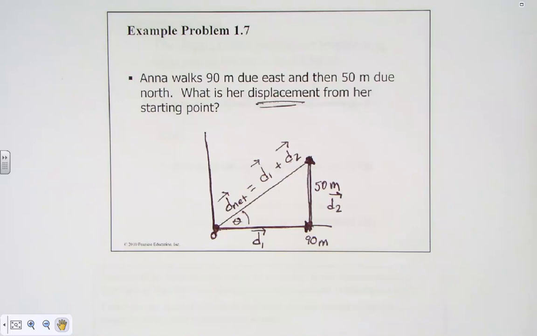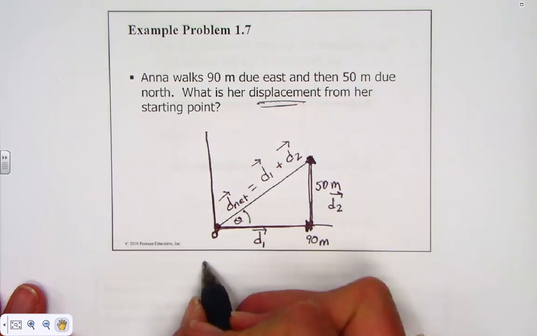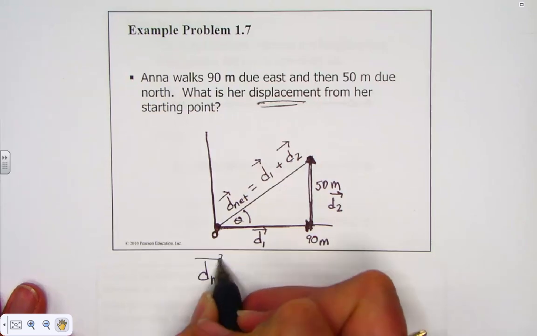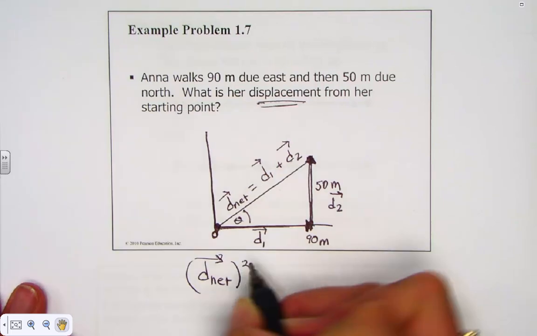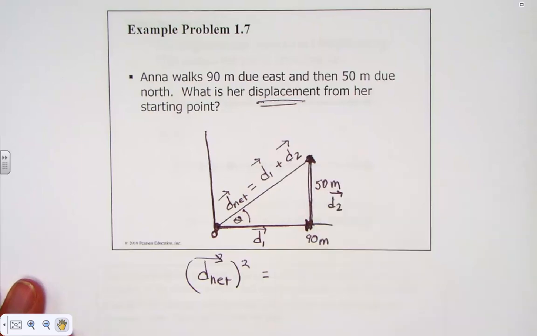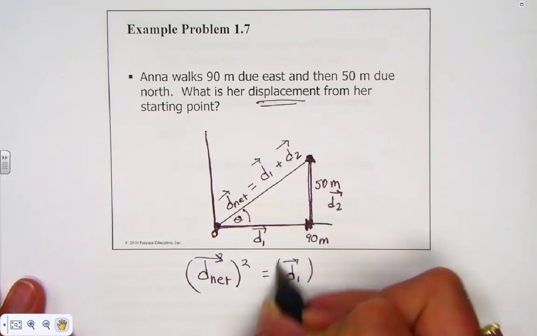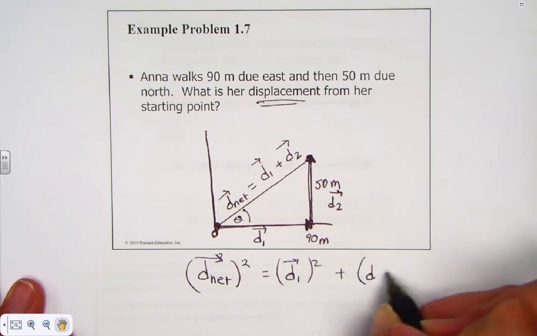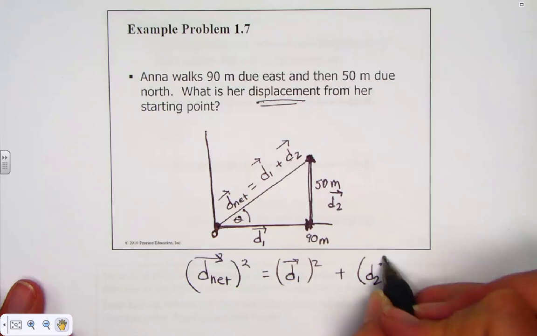What we're looking at here is something known as the Pythagorean theorem. The square of the length of the hypotenuse of a triangle equals the sum of the squares of the lengths of the sides. I think there's a song in that, isn't there? The Pythagorean theorem: d net, now that's a vector, squared is equal to the sum of the squares of both sides, d1 squared plus d2 squared.